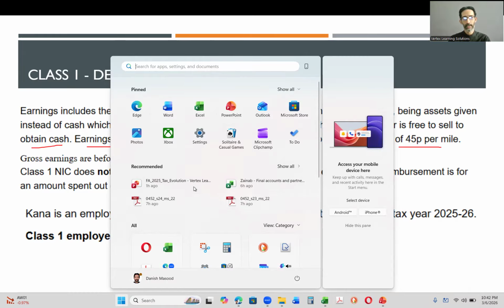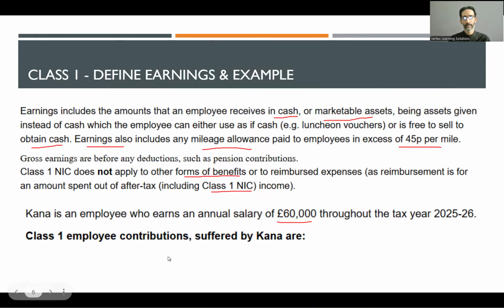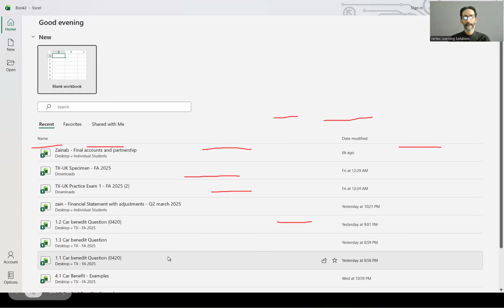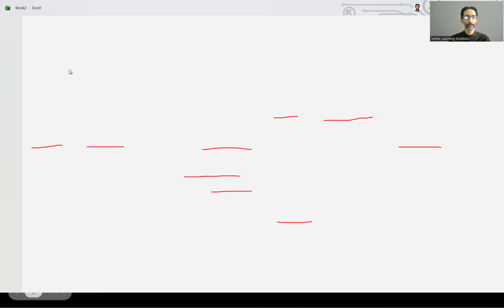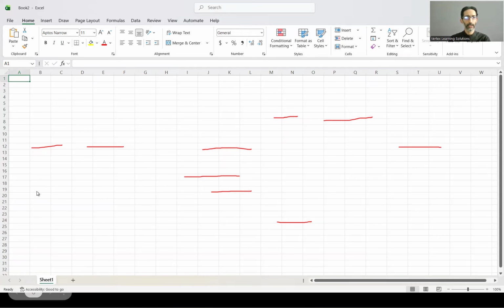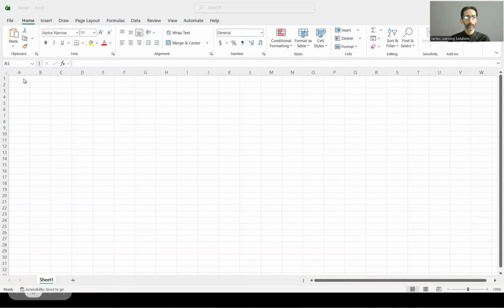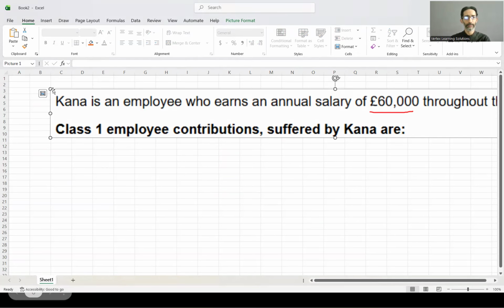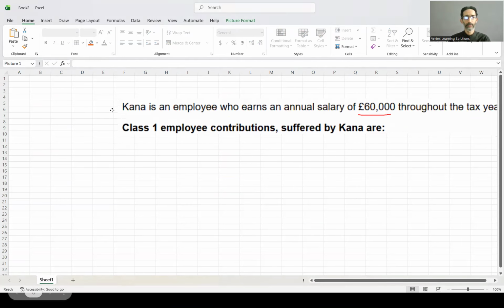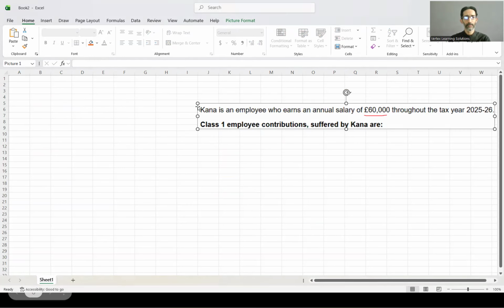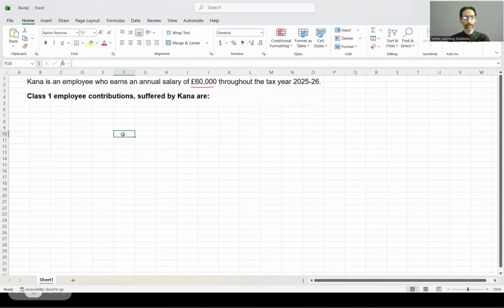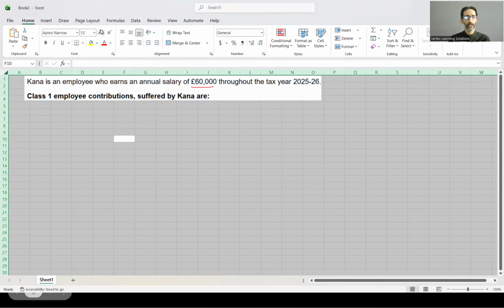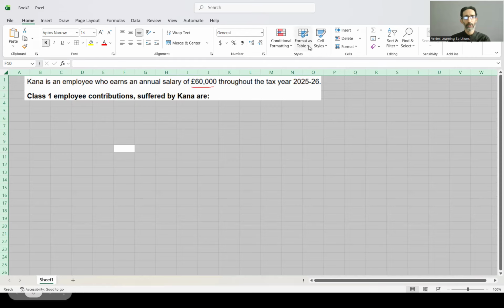So here we have the Excel. Let's paste it here. Here is the example, and we are going to make slight changes to the font so that you can understand it properly.